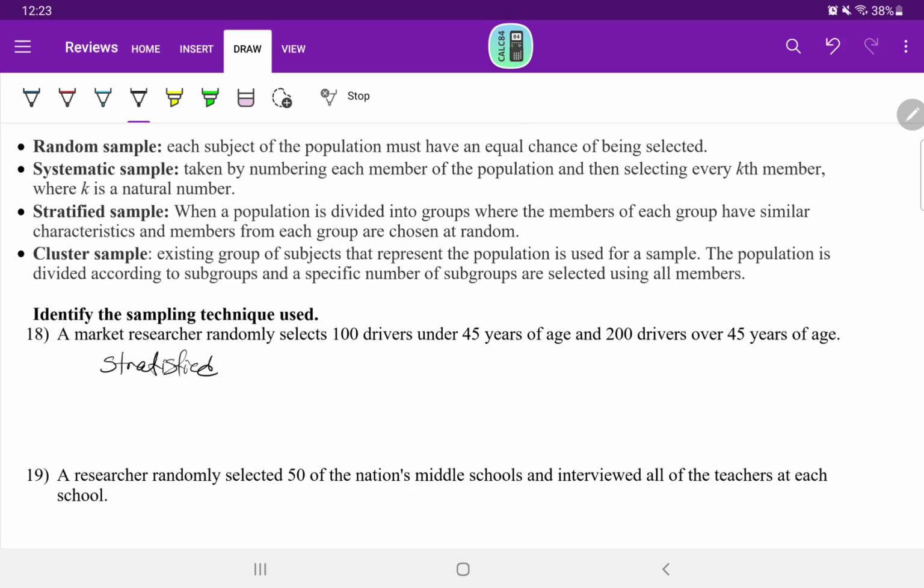Why is it stratified? Well, here is my population right here. And I'm dividing that population of drivers based on their age. Either you're below 45 or you're older than 45. Below 45, older than 45.